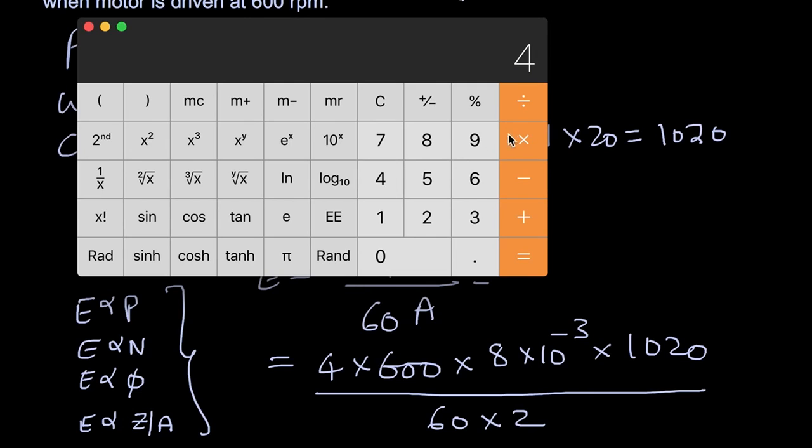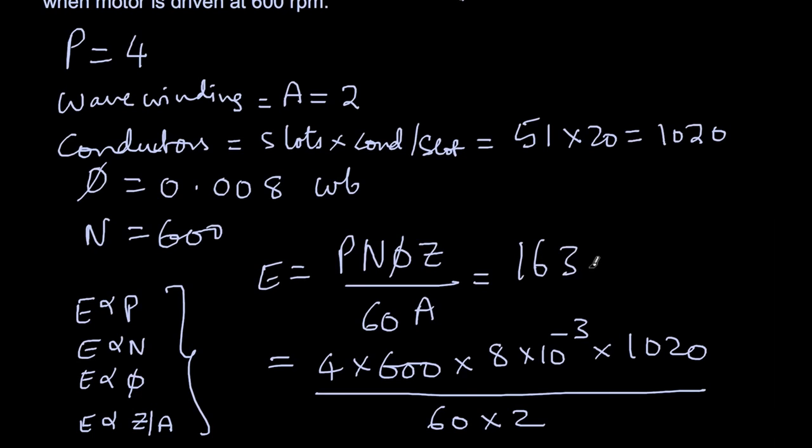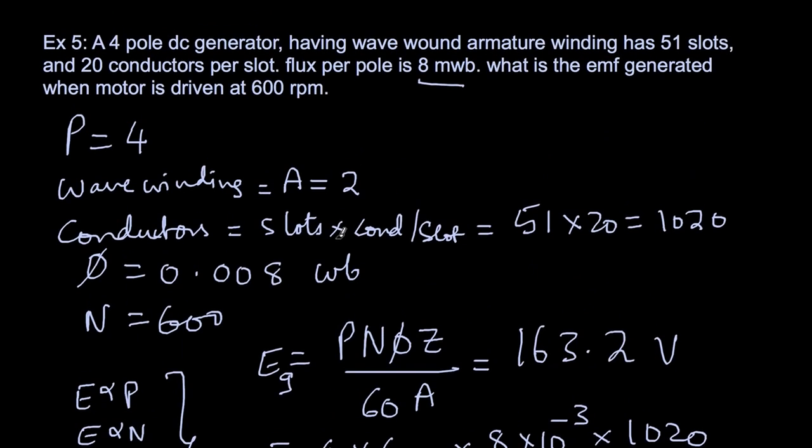In the numerator I have 4 multiplied by 600, multiplied by 0.008, multiplied by 1020, the entire thing divided by 60, and again divided by 2. I'm getting 163.2 volts. So this is the EMF generated in the armature, which I think is what is asked in the question.